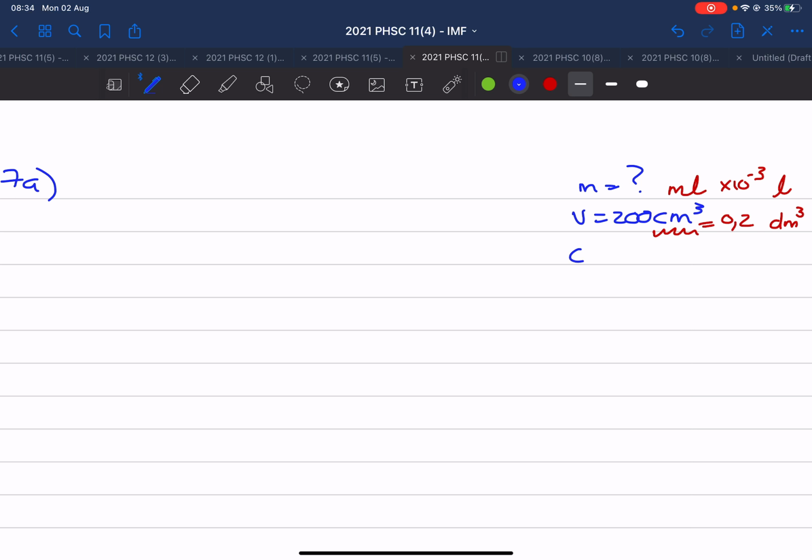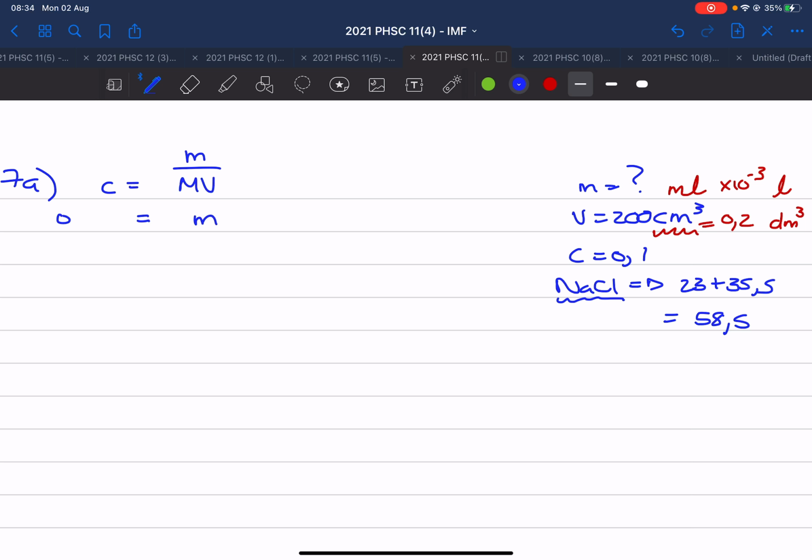Right, they say the concentration is 0.1 and they say we're busy with sodium chloride. The reason why they give us that is so that we can calculate the molar mass. The molar mass here will be 23 plus 35.5, so you get 58.5. If you calculate the concentration, we're going to use the second formula. Well, we want to calculate mass. The concentration is 0.1. The molar mass there is 58.5 and then the volume is 0.2.